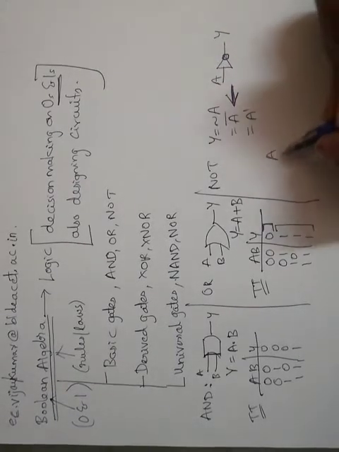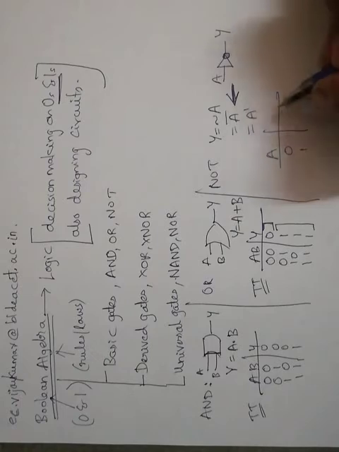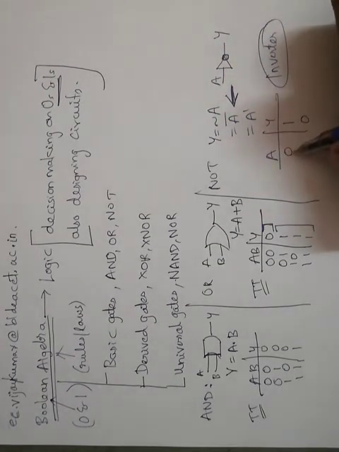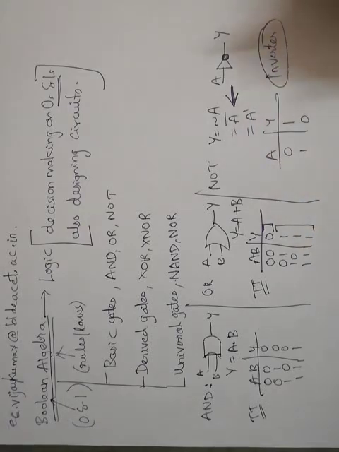Truth table: only one input is there, so we'll have only two combinations. If input is 0, output is 1. If input is 1, output is 0. So the NOT gate is also called an inverter because it inverts the input into the other value. 0 becomes 1, 1 becomes 0.